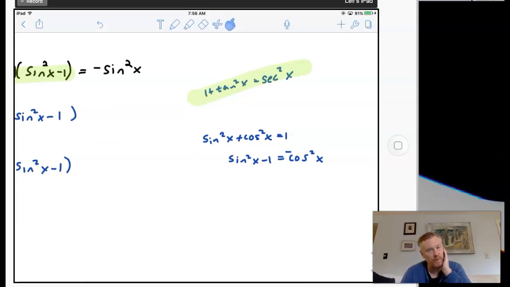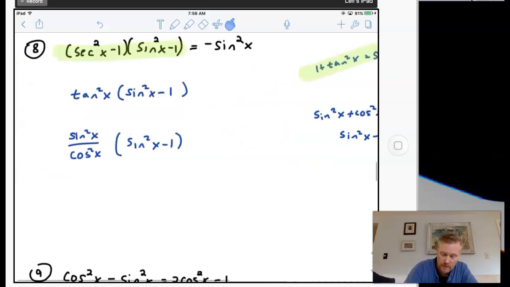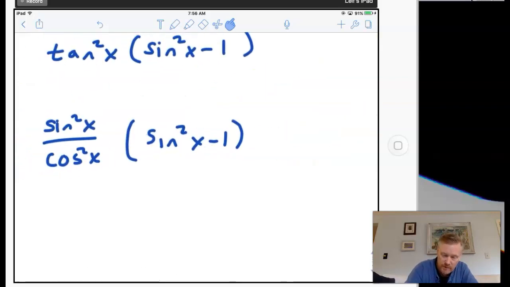Sine squared plus cosine squared of x equals 1, which means if I manipulate that equation and subtract 1 from both sides and then subtract cosine squared from both sides, I get sine squared of x minus 1 equals negative cosine squared of x. So that's what I got here. This turns into negative cosine squared of x.